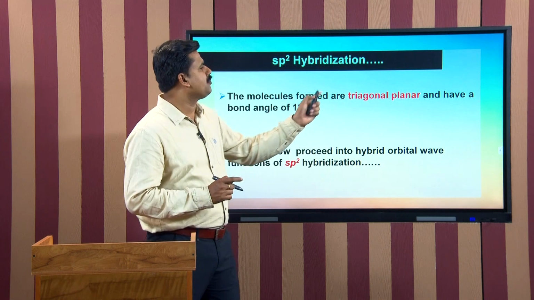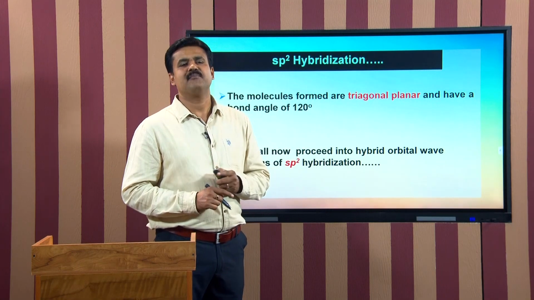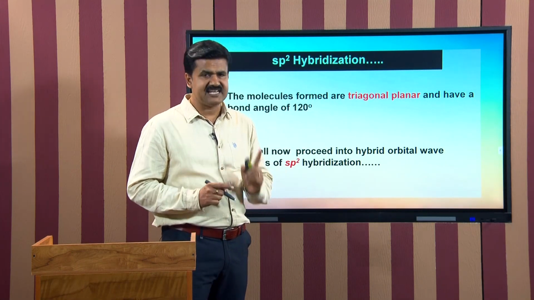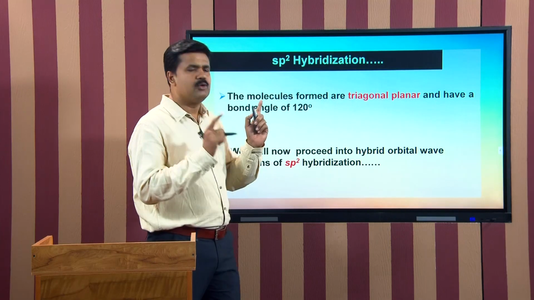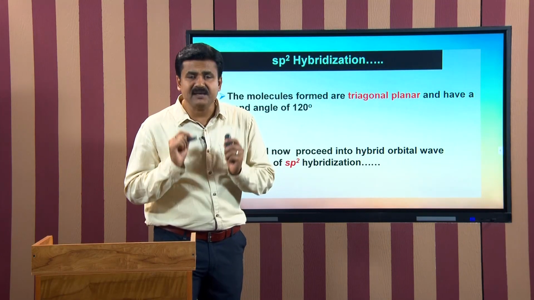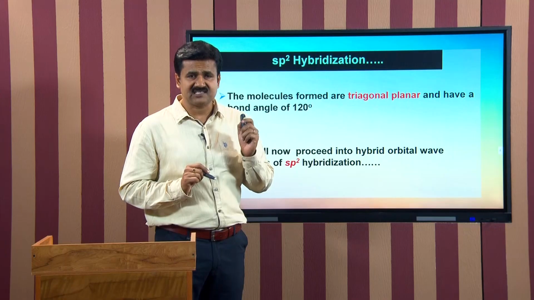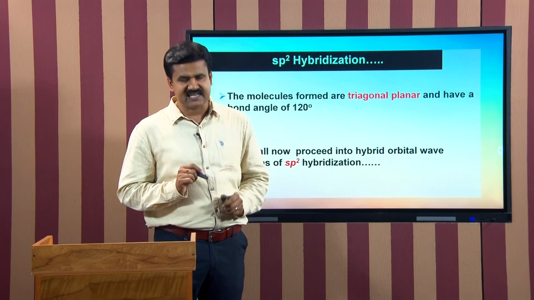The molecules formed are trigonal planar and have a bond angle of 120 degrees. We shall now proceed into hybrid orbital wave functions of sp2 hybridization.